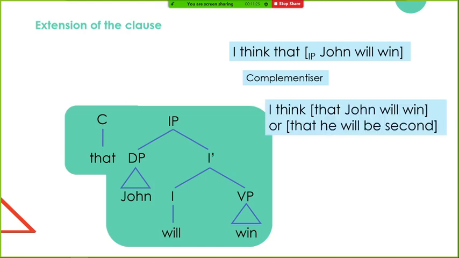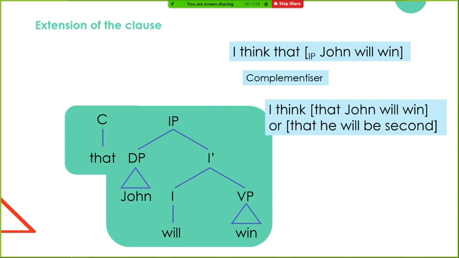However, there is evidence to suggest that the complementizer does form a constituent with the following inflectional phrase. And the evidence in favour of that is the fact that you can coordinate such a constituent. Okay, take this example. I think that John will win, or that he will be second. Here we're coordinating two constituents, that John will win and that he will be second, with the conjunct or, the disjunction.